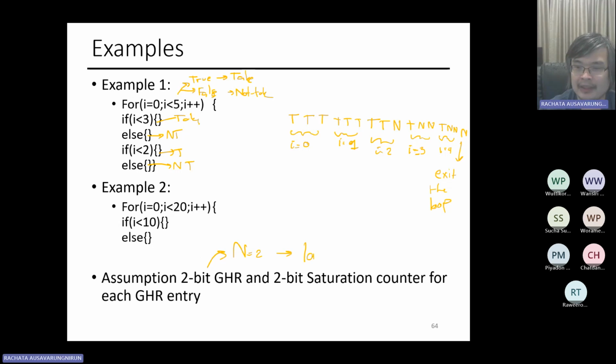Just keep track of the last previous 2 branches. And then you use the 2-bit saturation counter for the second level. So the second level, we use the 2-bit predictor that we explained before the break.